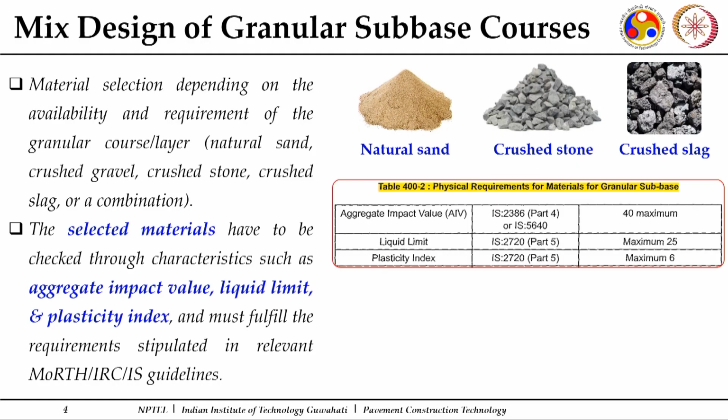In the previous lecture, we discussed under the mix design of granular courses that one important aspect at the very beginning is to achieve the target gradation. For different courses, different gradations are given considering different applications. There were 6 gradations specifically mentioned for granular sub-base courses as per MORTH requirements.